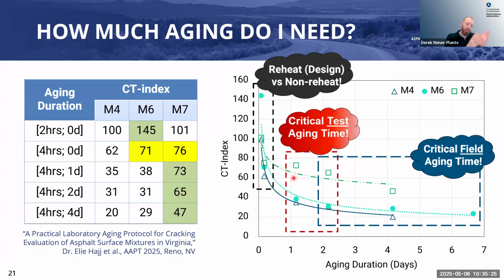Is there a time that's just enough aging to be able to predict this well? And what I think you saw in some of the plots and information earlier is that this initial data point, reheated, non-reheated, or design, etc., has been shown to not be able to predict the critical field aging time well, that there are significant differences.